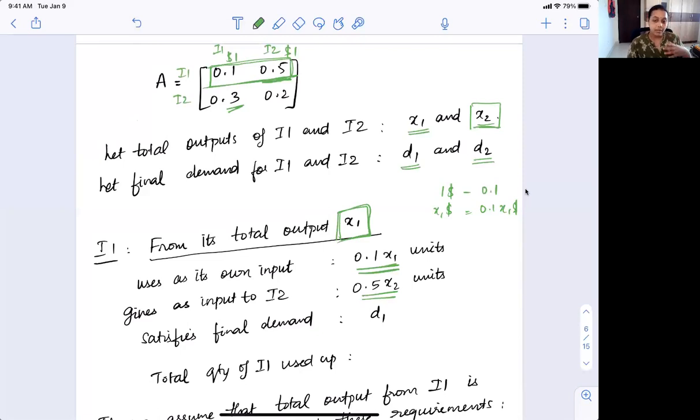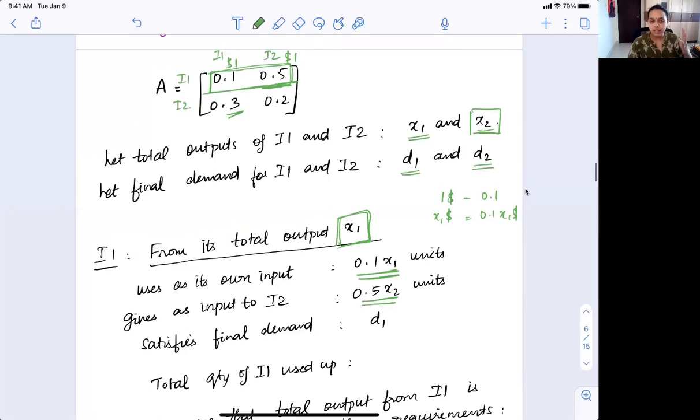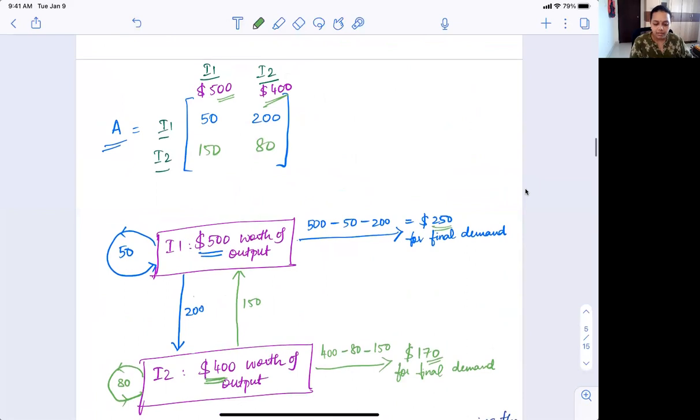And if you think it will be easier to put some numbers here, please plug in X1 equals 500, X2 equals 400, and check it with the matrix that we just derived, and then you will see how the numbers actually come to be.